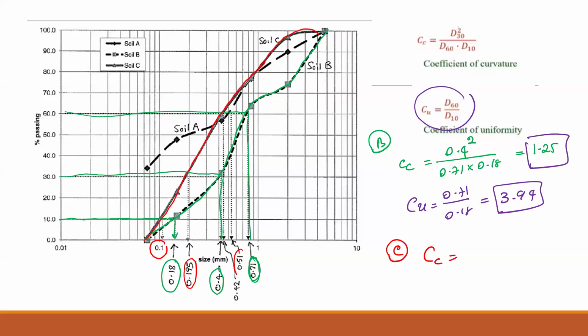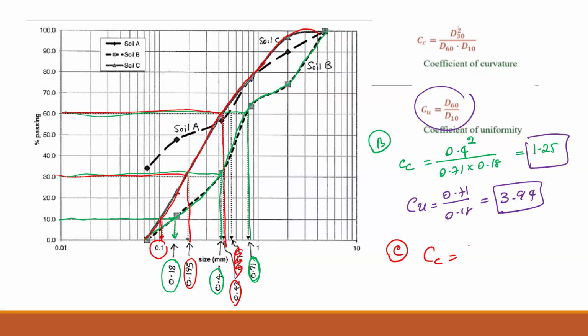So this one is okay. And D60 should be this one here. This one, not this. This one is for the A. We don't need A. We already done A.